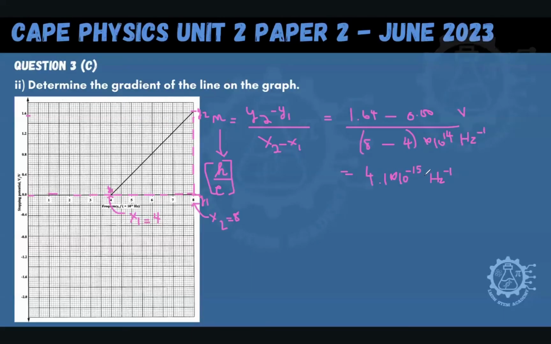So what would that be? That would be volts per hertz, V hertz to the minus 1. So that's my slope. That's my M. So that's what we would box. That is my M, which is also my H over E. Right? And so that is our answer here. So let's just box this one.